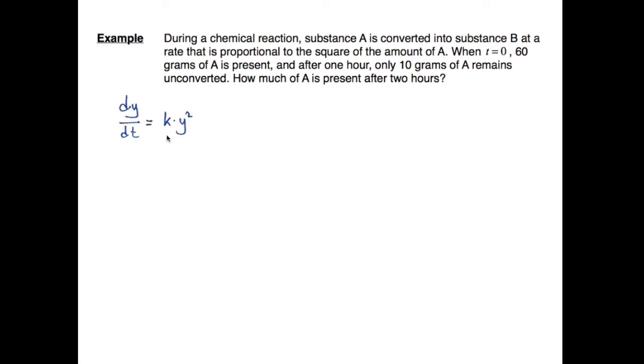So from 60 grams it's going to decrease quickly, but then gradually slow down, and after it reaches 10 grams it won't decrease as fast. The second thing we can already say is that the constant k has to be a negative number because substance A is decreasing, so we have to have a rate that is negative.